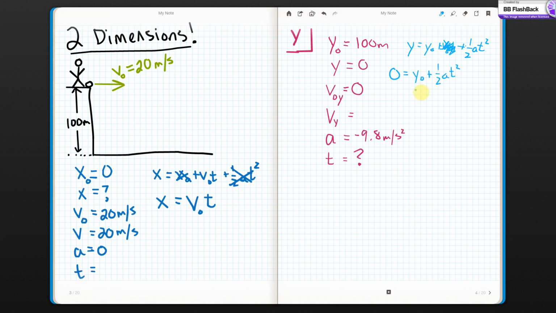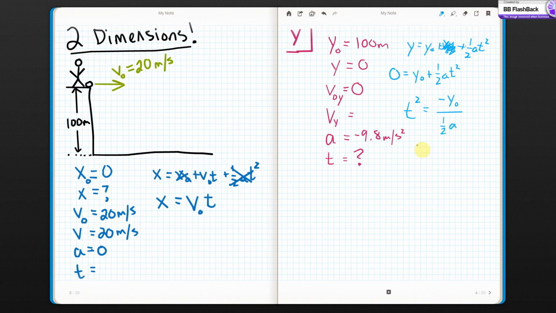So if I do a bunch of algebra, move the y naught to the left side, then I'll have to get rid of the half a. I will end up with t squared equals negative y naught over 1/2 a.